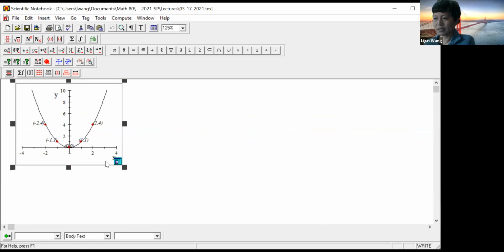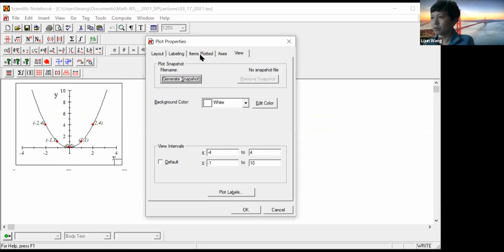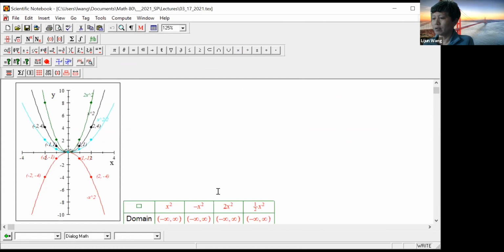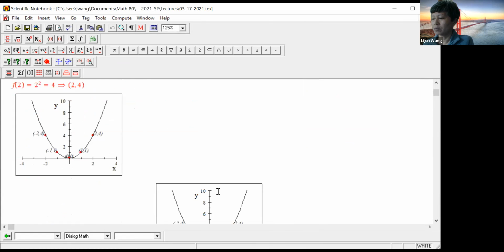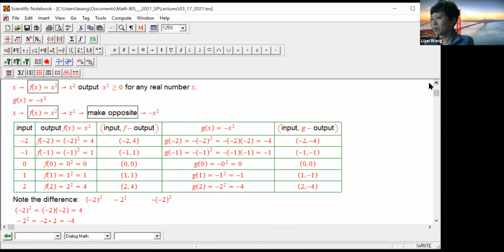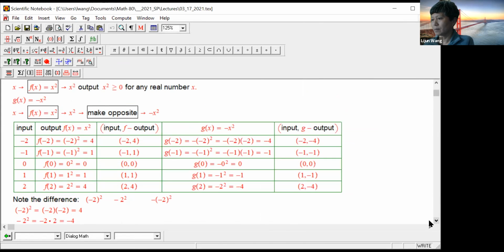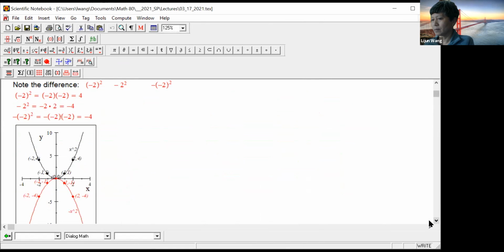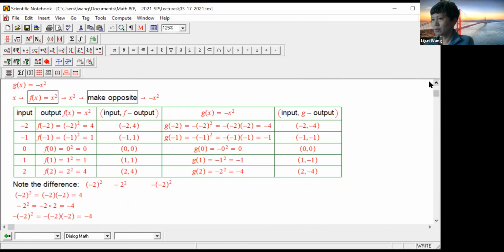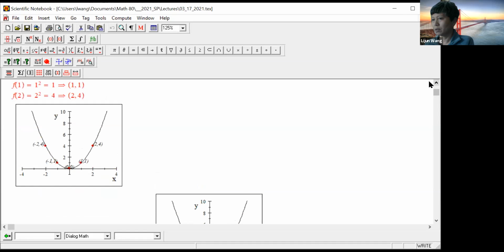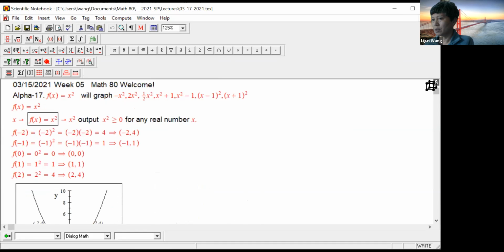Okay, so let's plot the points together. How about that? Wait a minute. I thought I had another picture with all the... Okay, I don't have it.